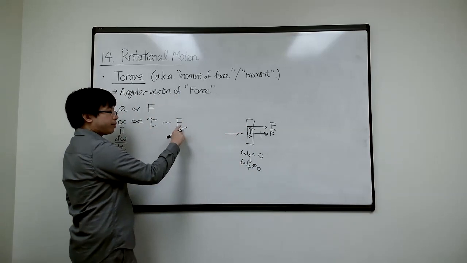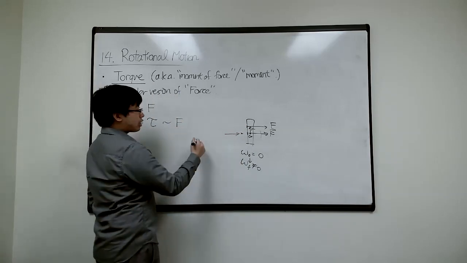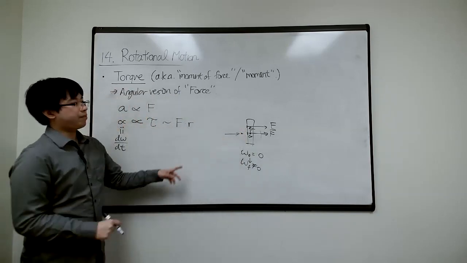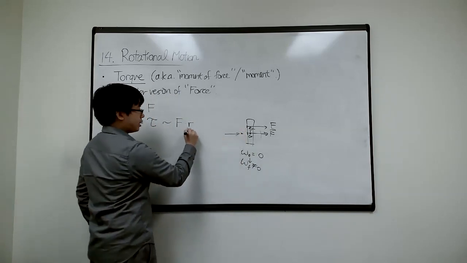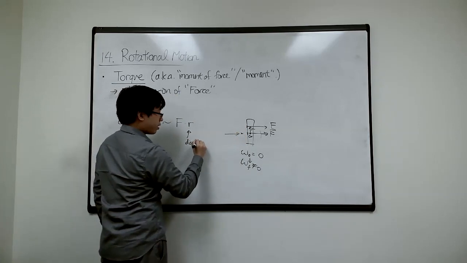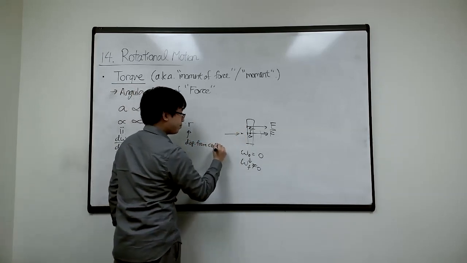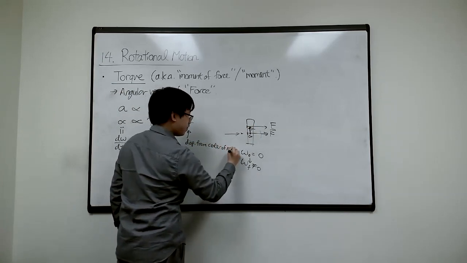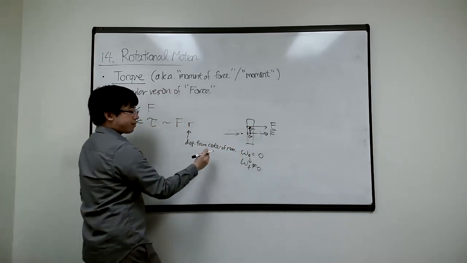So tau should be related to F, and it should also be proportional to the distance away from the center of mass. This is the displacement vector from the center of mass.